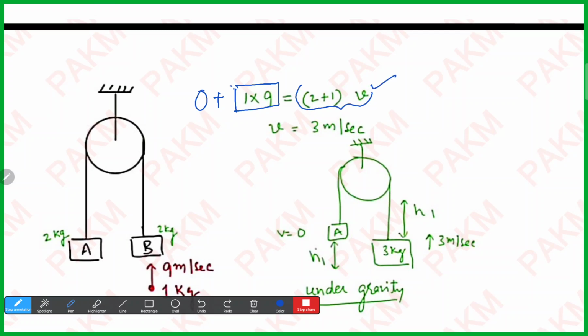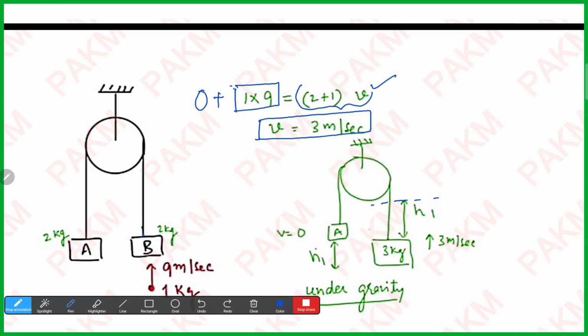Both will move with a common velocity. Since the mass has no impulse, we have not taken any impulse over here. So we can get the common velocity once the impact is done, and then it will start moving the way I told you.